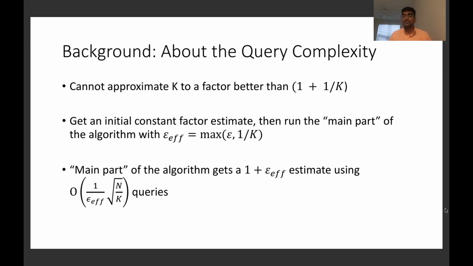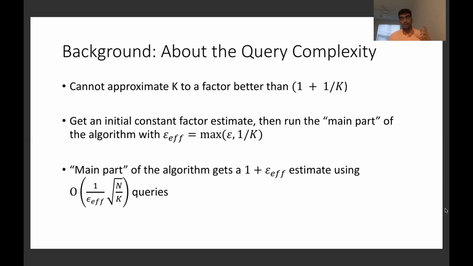So if our k is very small, then we'd be better off asking our algorithm to approximate it to a factor of 1 plus 1 over k, rather than to a factor of 1 plus epsilon. The reason is that because k is an integer, approximating it to 1 plus 1 over k already gives us the exact integer. So we don't need to get an even finer approximation than that.